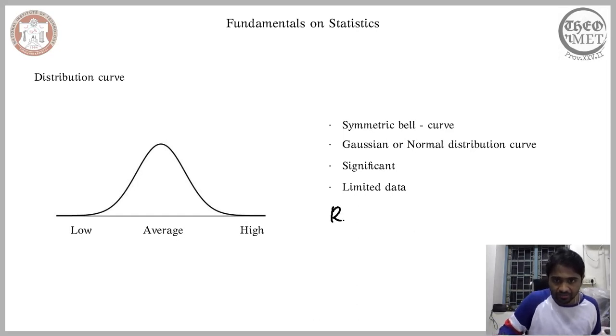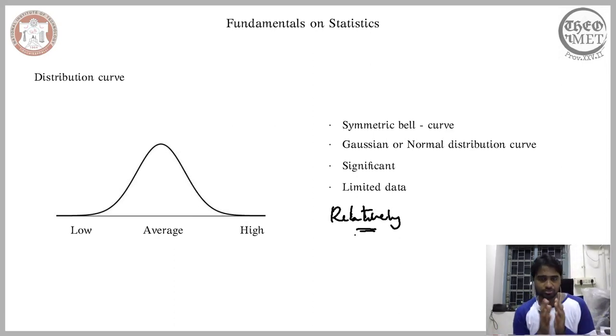There are some functions where, if we have to fit that particular function, we need a huge amount of data points and a huge amount of the population distribution. However, to fit this particular curve, when compared to other curves or functions, the data required is relatively low. So that is one advantage of this particular distribution curve.